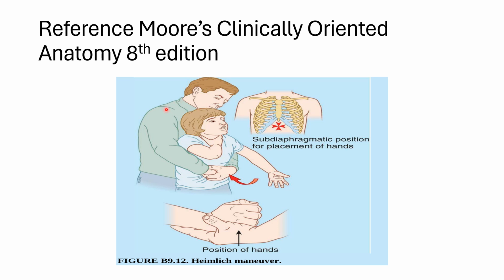Then you stand behind and apply force in the subdiaphragmatic area, below the thorax over the anterior part of the abdomen. You hold your hands very firmly and apply pressure 1, 2, 3 times, and hopefully, if your technique is correct, the bolus will fall out and the person will be able to breathe and you will save the patient. So this is the Heimlich maneuver.